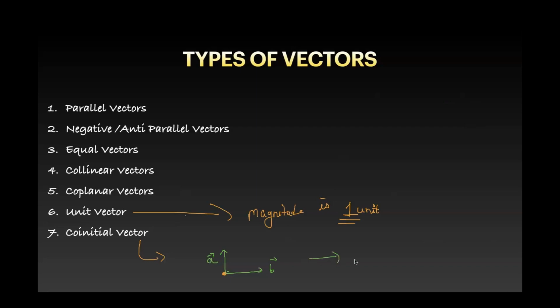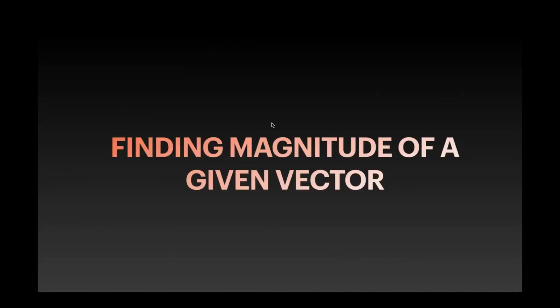Or for an easy definition, you can say vectors whose tails coincide are said to be co-initial vectors. Is this clear?